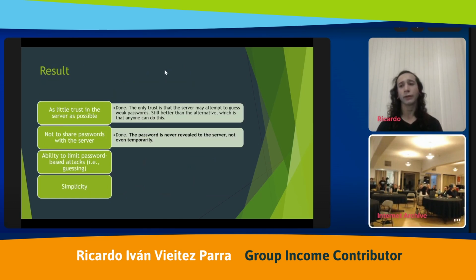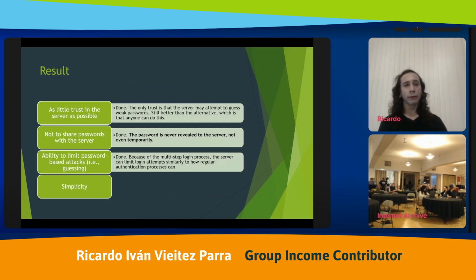So long as we use a reasonably safe, long password, we should be safe. And even if the server were to try to brute force, like try and guess our password, that will not really do much.